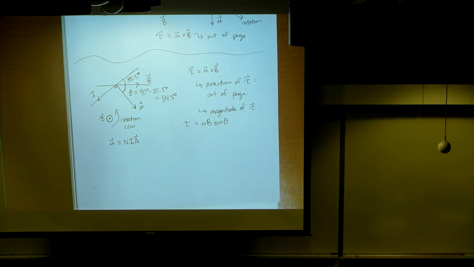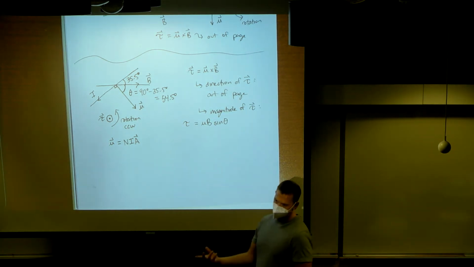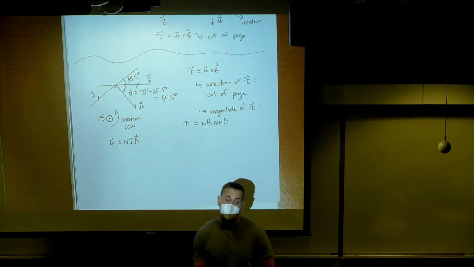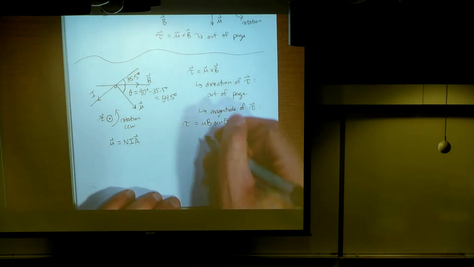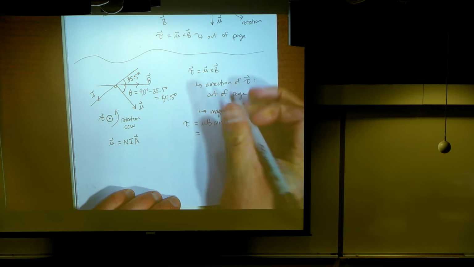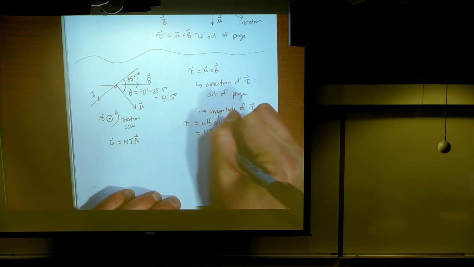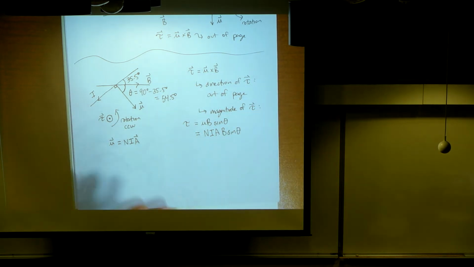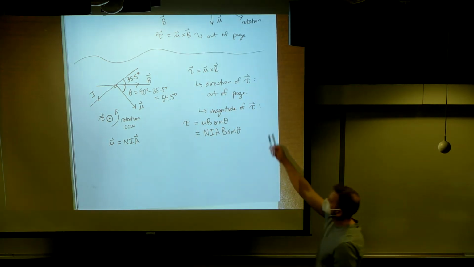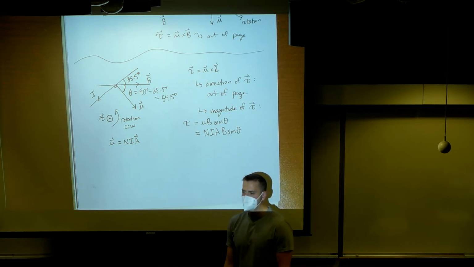N is how many turns of wire we have. That's 10 in this case. I is how much current we have running through the loop, and A is the area. Okay? So really, I can write this as N times I times A times B times sine of theta. And that's what we worked out before, by the way. But I'm just showing you that usually we write it in this more compact form, okay?